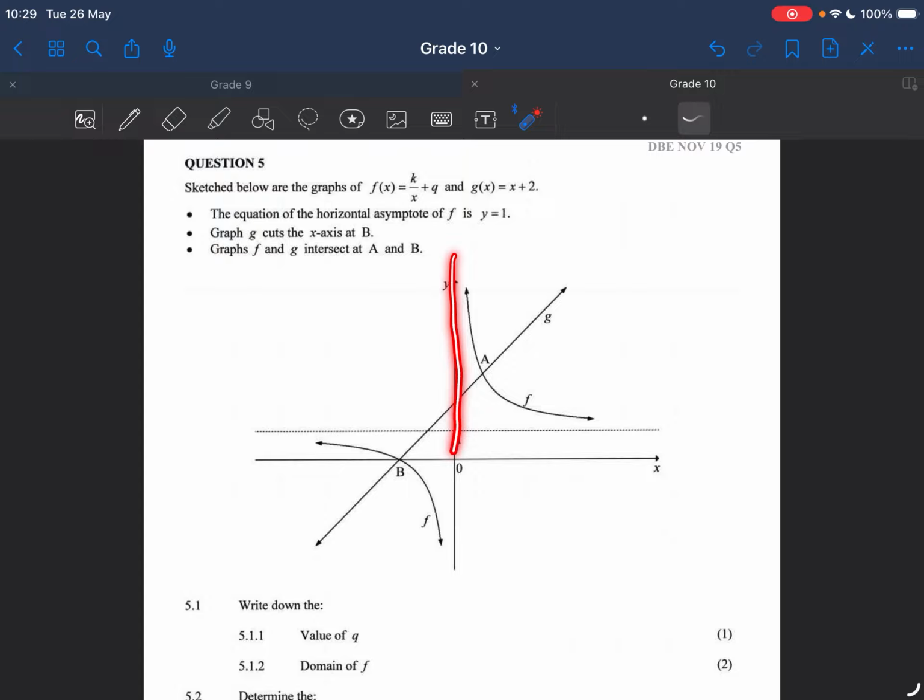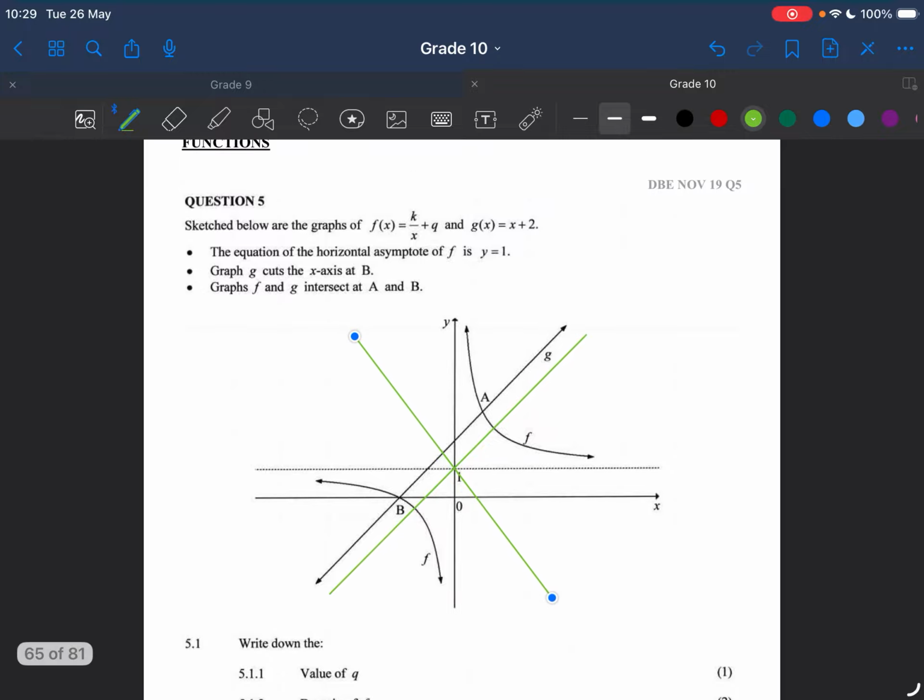There's a vertical asymptote and a horizontal asymptote. They meet over here. So my lines of symmetry would be a line passing through there, and a line passing through there. So that's my two lines of symmetry.